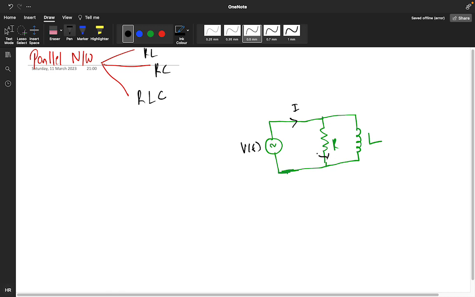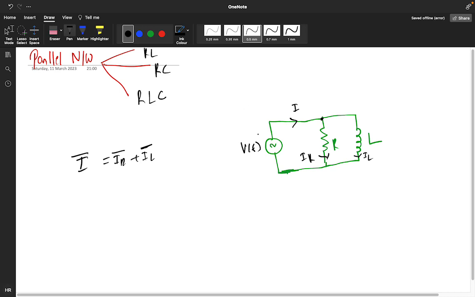Suppose this particular branch current is IR, and this I am taking as IL. So if you apply the KCL, I phasor will be equal to IR phasor plus IL phasor, right?